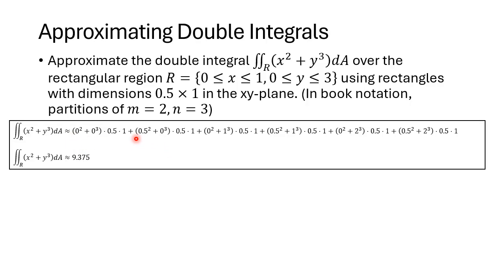Then we're going to move over. We're going to do the box from 0.5 to 1 for x and from 0 to 1 for y still.